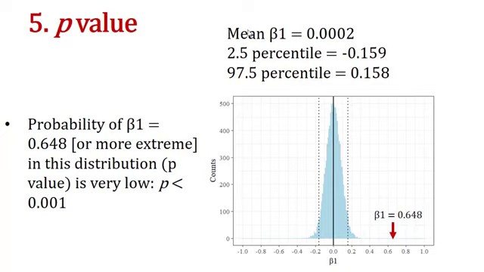Okay, so the p-value is that. What's the probability of obtaining that value? Actually, that value or more extreme. And I'm going to explain what more extreme means. Okay, so more extreme, let's look at here in this case.